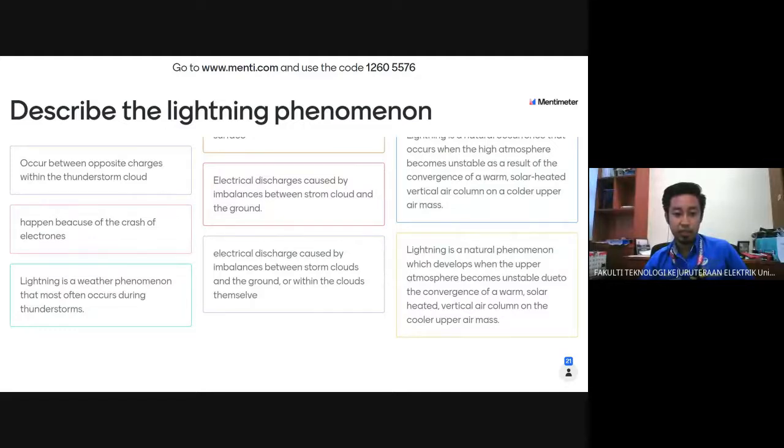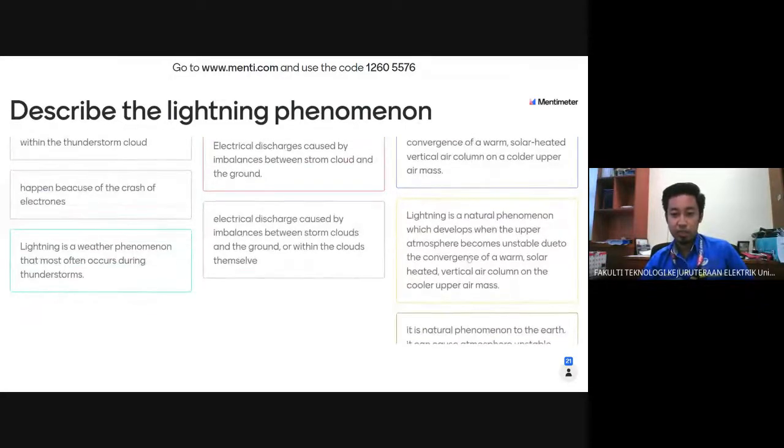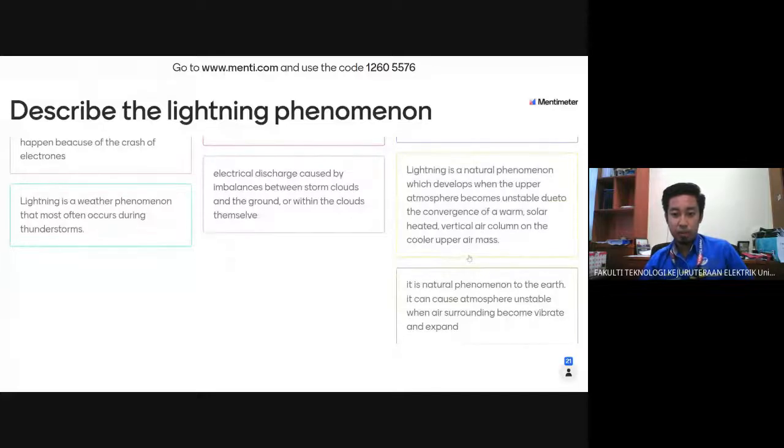Lightning is a weather phenomenon that most often occurs during thunderstorms. Lightning is a natural phenomenon which develops when the upper atmosphere becomes unstable. Okay, this is the same answer. It is a natural phenomenon to the Earth that causes the atmosphere to be unstable when the surrounding becomes vibrate and expand.